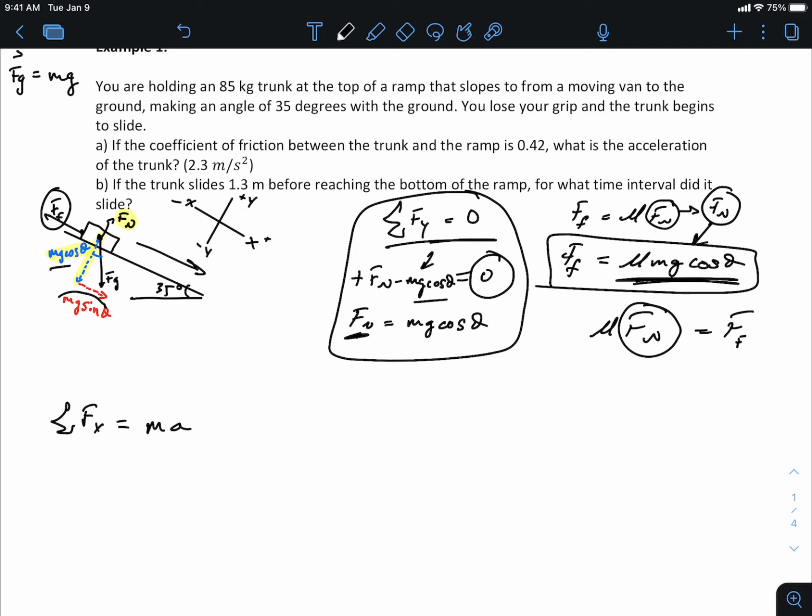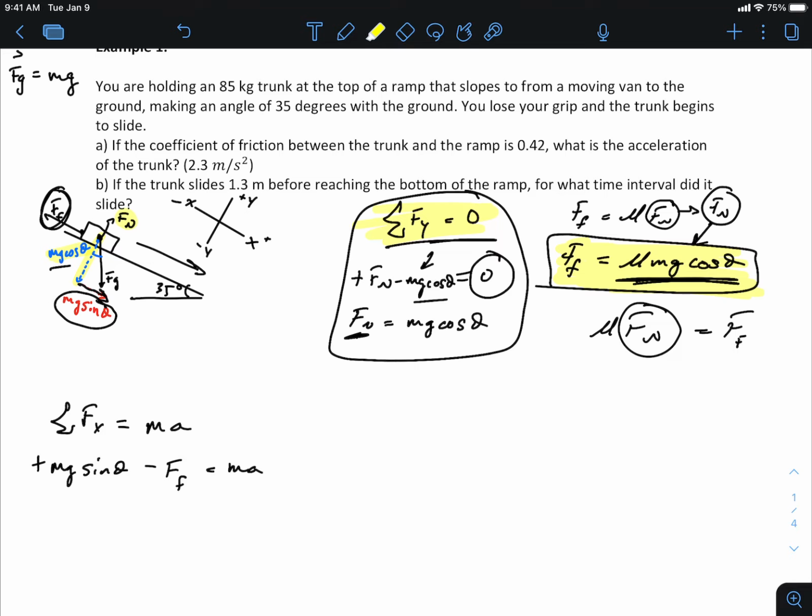I have this one: mg sine theta is acting in the positive x direction, right? So we have positive mg sine theta, and force of friction is acting in the negative direction. So mg sine theta minus the force of friction is equal to ma. Okay, and we know what the force of friction is now. I won't erase that. The force of friction is right here, from the sum of the forces in the y direction being equal to 0, okay?